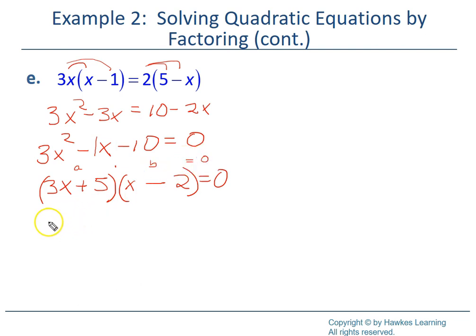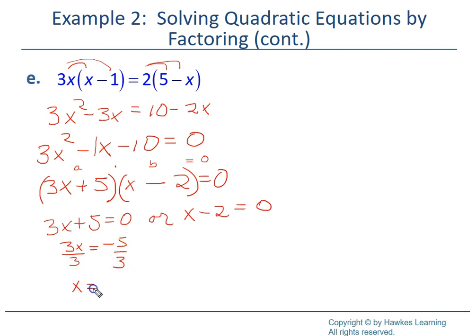And this is going to be 3x plus 5 equals 0, or x minus 2 equals 0. So bring the 5 over as a negative 5, and then divide both sides by 3. I get x equals negative 5/3, or x equals 2.